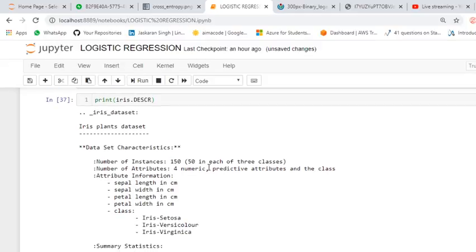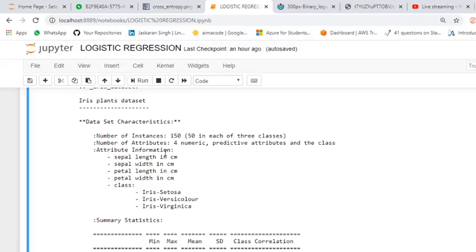Characteristics, number of instances: 150. We have 150 data points, out of which there are 3 classes, and each class has 50 data points. One data point consists of 4 numeric features that we need to work on, and a prediction class.